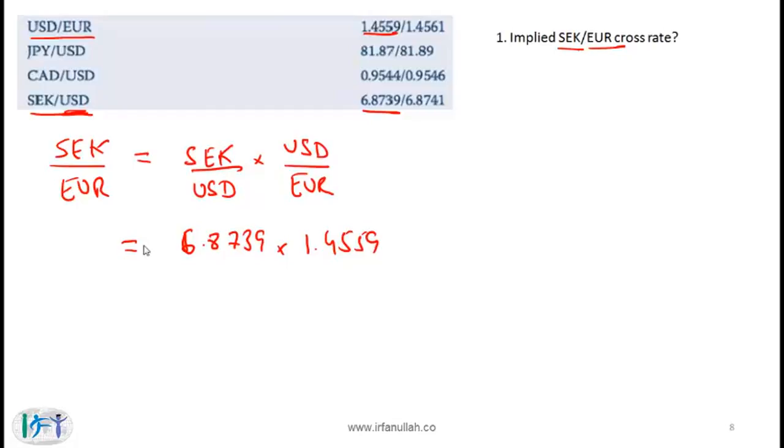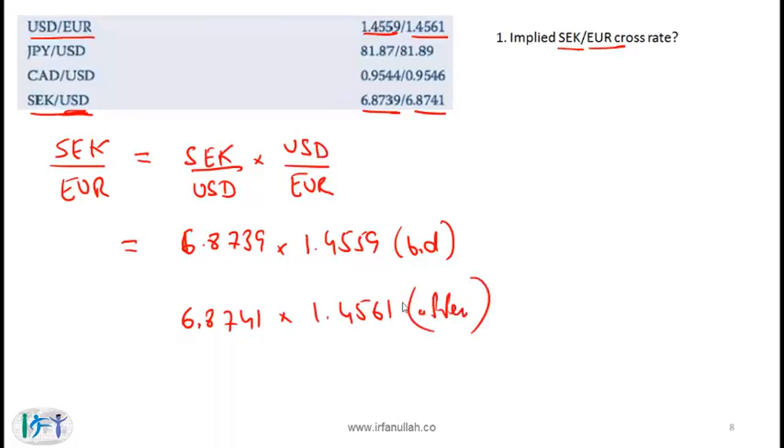This would be the bid, and the offer would be the product of the two offer rates, which would be 6.8741 multiplied by 1.4561. This would be the offer. So you can do the math, but note that this is simple, and this is exactly what the concept is, exactly what we just talked about a short while ago.